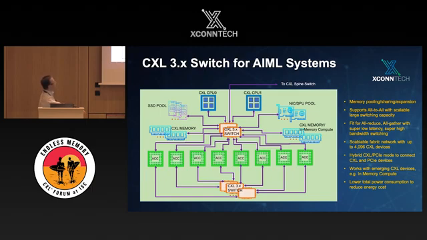I put the CXL switch behind the accelerators and also between those heterogeneous computing devices. What we see is that the CXL switch can provide a lot of capability to support this AI computing. This just represents one single node of this computing.